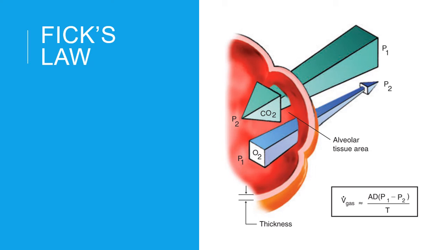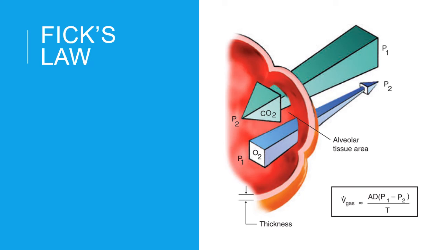Henry's law states that the amount of gas that dissolves in a liquid at a given temperature is proportional to the partial pressure of the gas. The amount of gas that can be dissolved by 1 milliliter of a given liquid at standard pressure, 760 millimeters of mercury, and specified temperature is known as the solubility coefficient of the liquid.